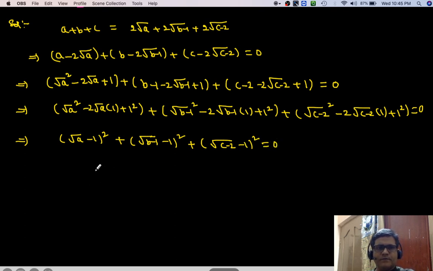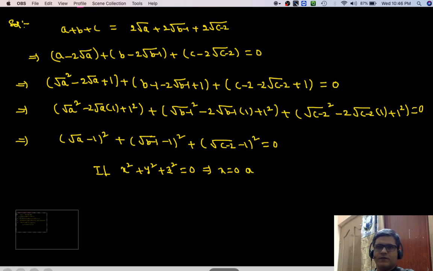But as we know that if x² + y² + z² is equal to 0, then x equal to 0, y is equal to 0 and z is equal to 0 simultaneously.